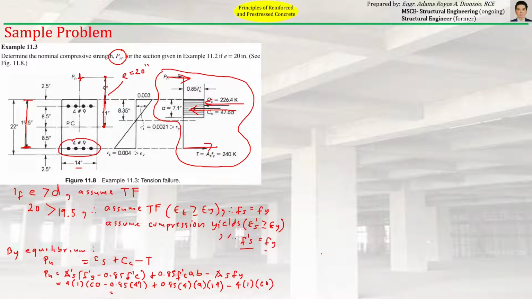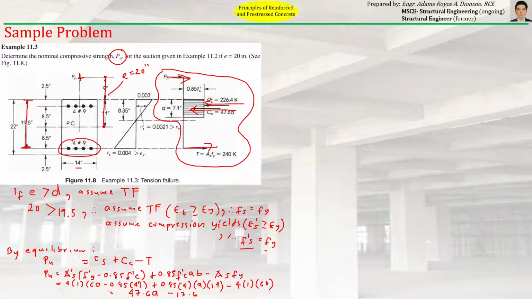That will be minus 13.6. Unahin ko na yung constant. Minus 13.6. Tapos 0.85 times 4 times 14. That is 47.68. Okay? Yan yung PN natin.